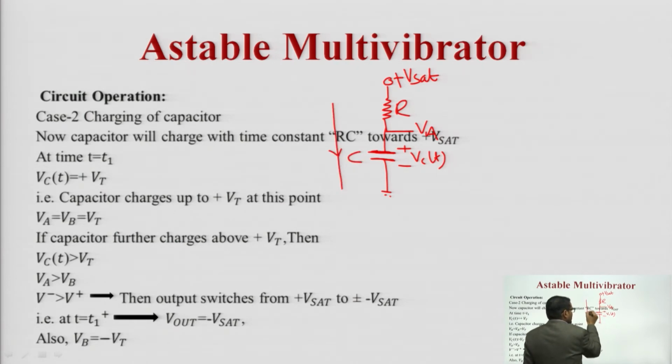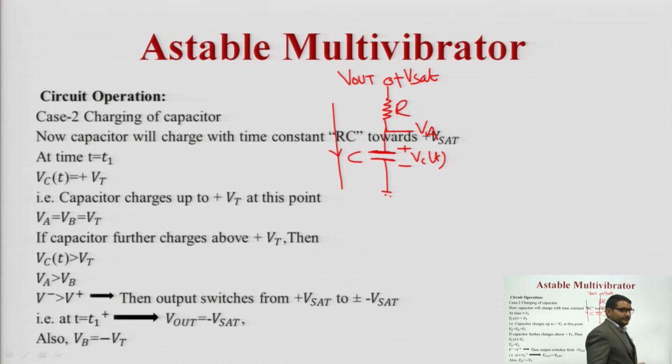This is the path for charging of the capacitor with V out voltage, which is equal to plus V_sat. On the charging curve, the capacitor starts charging toward plus V_sat, from 0 volt to plus V_sat.